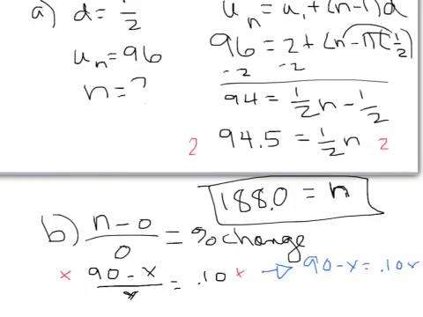Then I'm going to add the x over, and it's going to be 1.1x. Then you're going to divide by 1.1, and you're going to get that x equals 81.8.